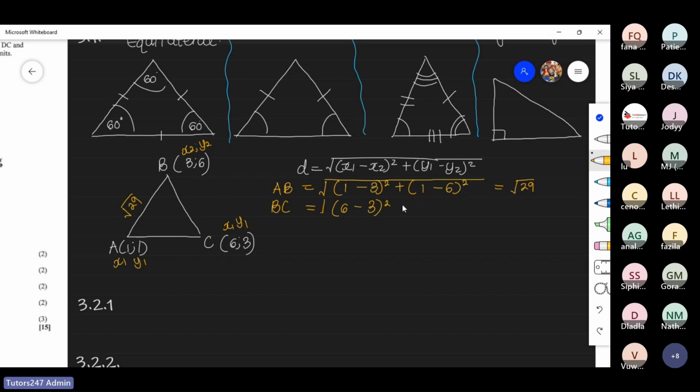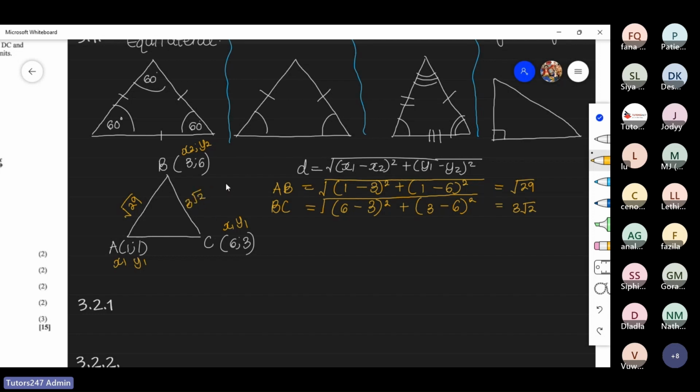Plus my y1 value, which is 3, minus my y2 value of 6, close the bracket, squared. And once we put that into our calculator, let's have a look at what we get. So we've got the root of 6 minus 3 squared plus 3 minus 6 squared, and that gives us 3 root 2. So we know that BC is 3 root 2.